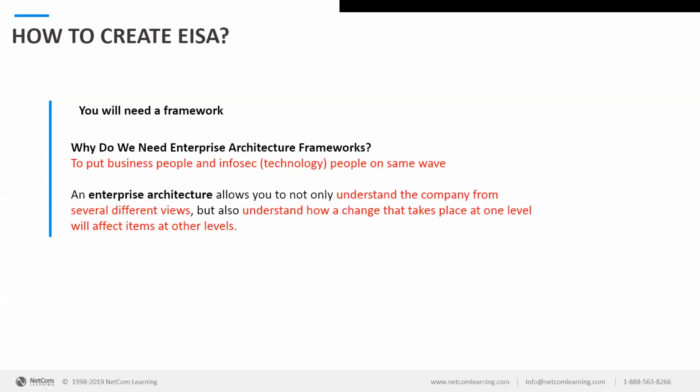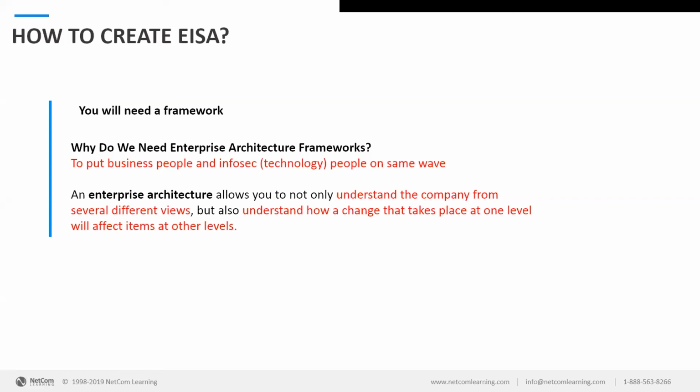And normally, we need an enterprise architecture framework, and especially when it comes to an information security enterprise architecture framework, because it will try to bring the business people, the information security people, and the technology people onto the same wavelength.